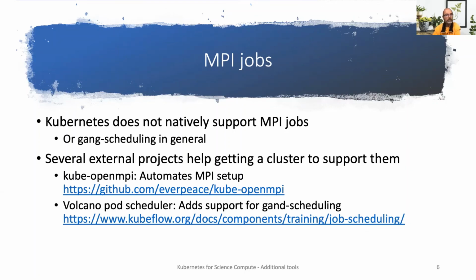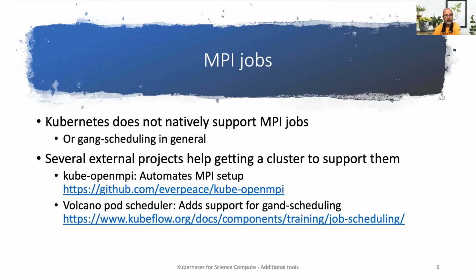That said, there are several external projects that help getting a cluster to support them. Here are two that are relatively popular. There is Kube Open MPI, which will automate the MPI setup for you, like exchanging SSH keys and stuff like that.